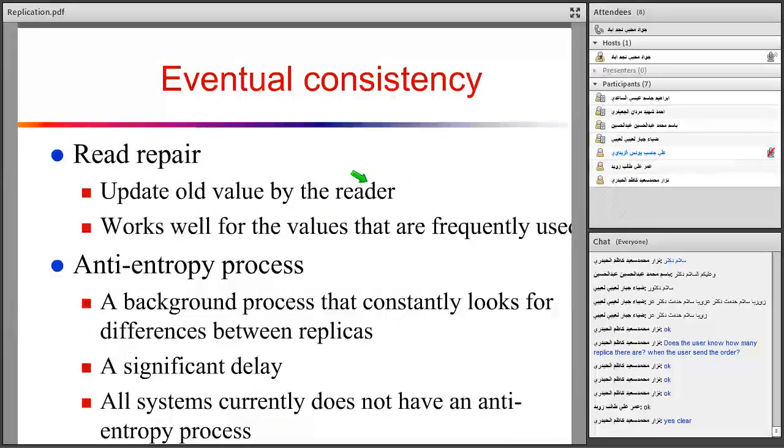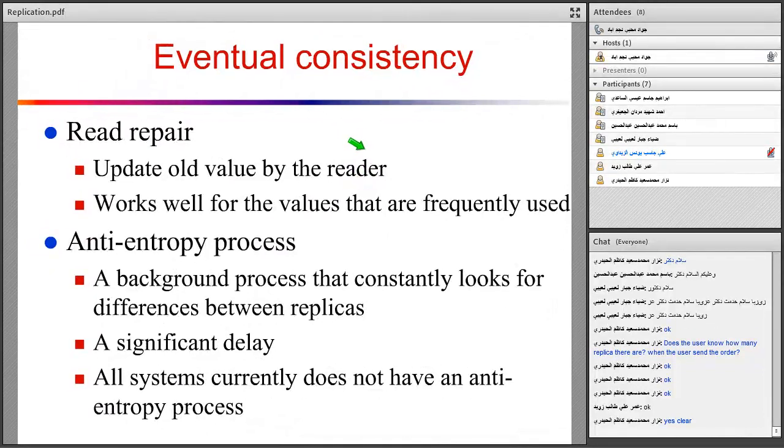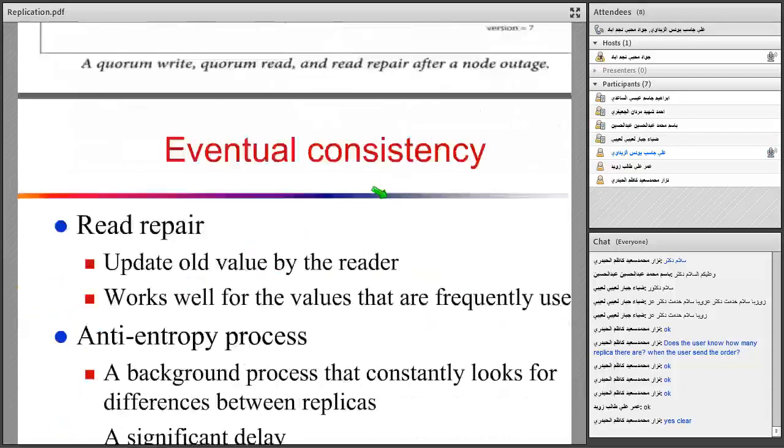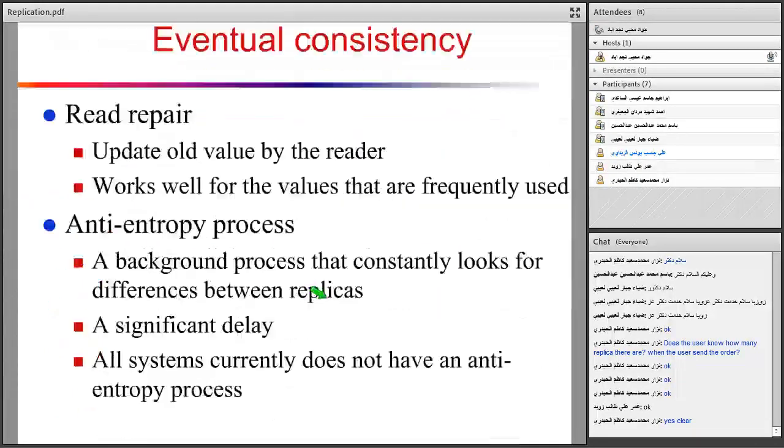You can see eventual consistency happens after some time by using the read repair. The read repair is a process which I talked about in the previous example. Read repair can cause eventual consistency for all replicas.